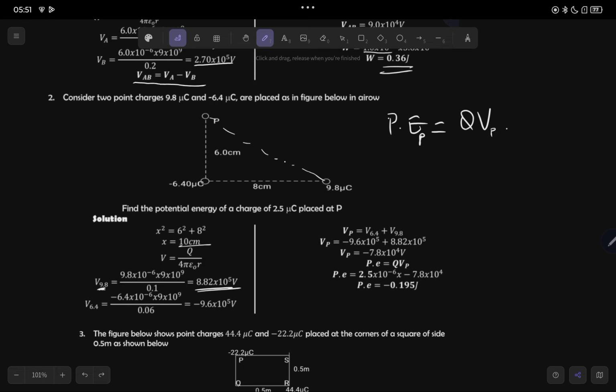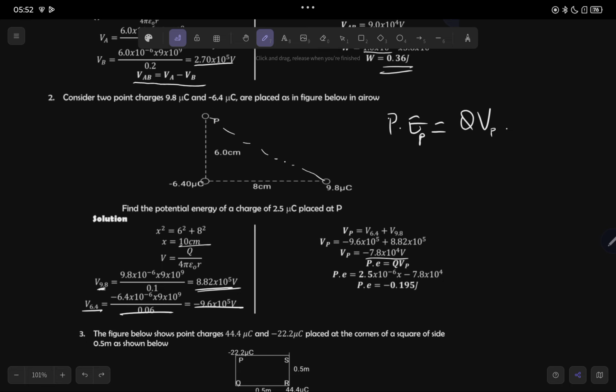Then we have the electric potential at P due to the charge 6.4 microcoulomb, and you get negative 9.6 times 10 power 5 volts. I told you that we are going to substitute the values of the charges with their signs. Now, since electric potential is a scalar quantity, we shall just find the scalar sum of the electric potential. Electric potential at P is the potential due to 6.4 plus that due to 9.8. We simply add the two and we get electric potential as negative 7.8 times 10 power 4 volts.